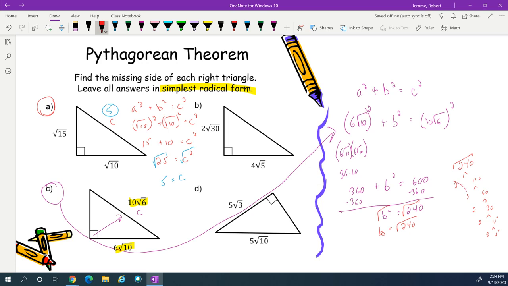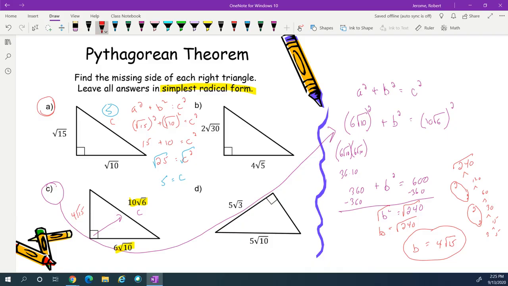I'm looking for my pairs. And I get 4 square root 15 for B. And that is the measurement of that side of the triangle. 4 square root 15. So we are going to have to be proficient with our radicals work to accomplish these types of problems.